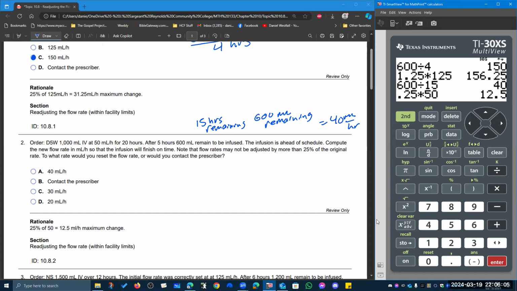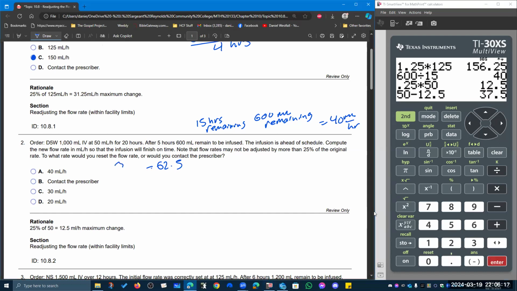So 50 plus 12.5 is 62.5. 50 minus 12.5 is 37.5. And we got 40, which is right there in the middle of what we're allowed.